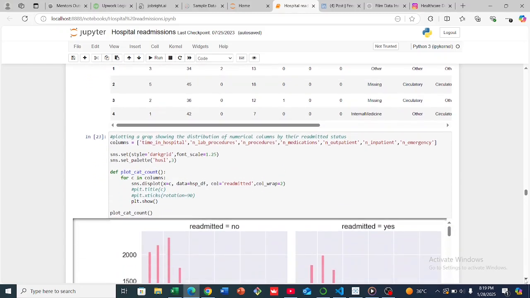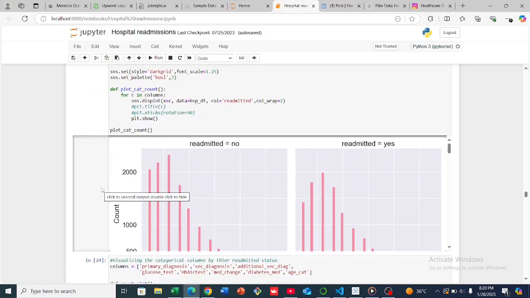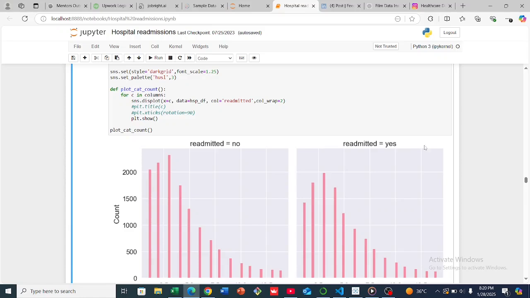So I looked at time in hospital, number of lab procedures, number of medications, number of outpatients, number of inpatients, and number of emergency. I want to look at how those columns relate to being readmitted or not. So I used a histogram to look at the distribution.